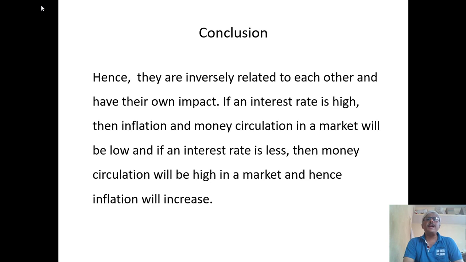When interest rates are high, then inflation and money circulation in the market will be low. If interest rates are low, then money circulation will be high in the market, hence inflation will increase. So by understanding this, we can say that there is an inverse relationship between rate of interest and inflation in an economic system.